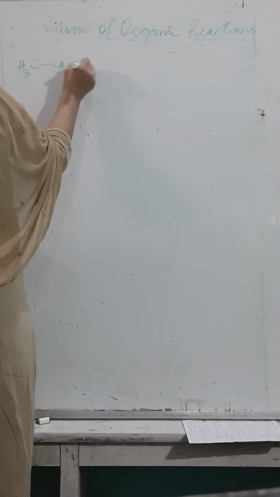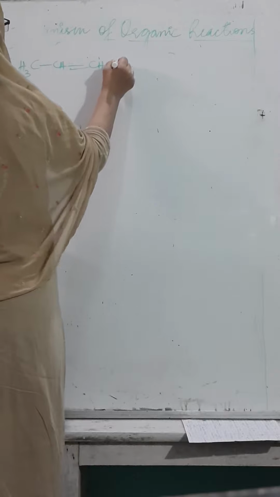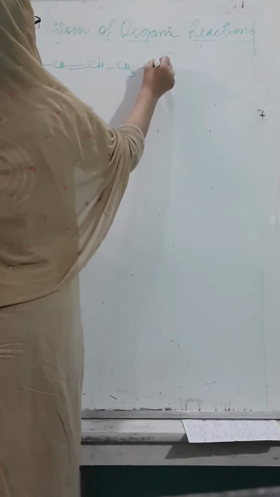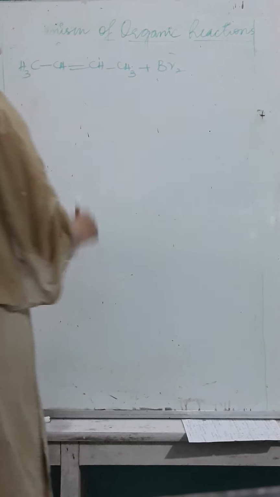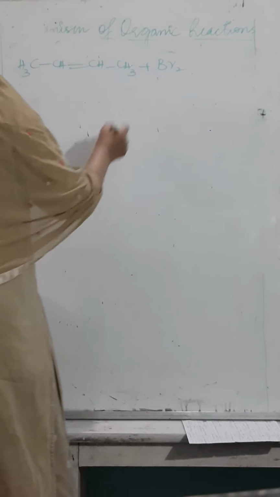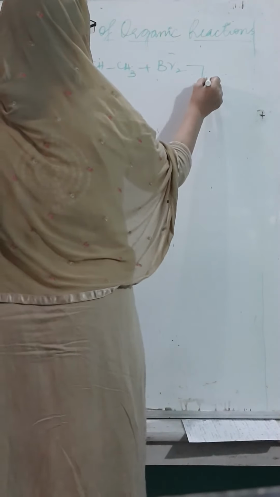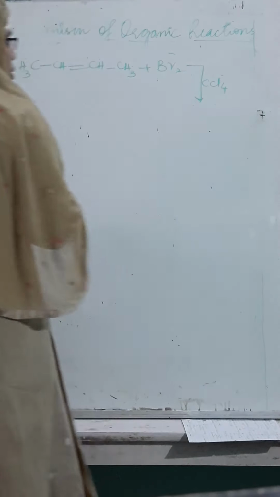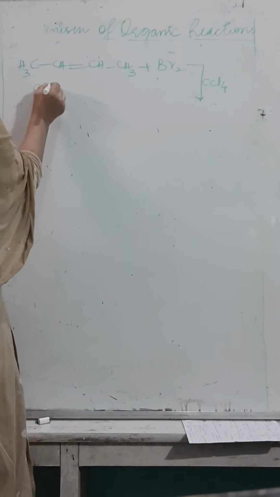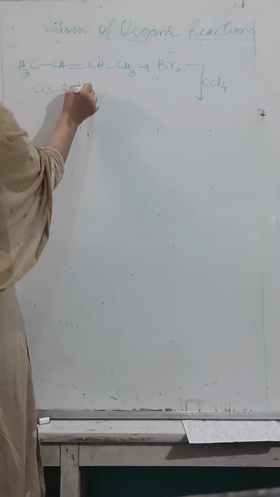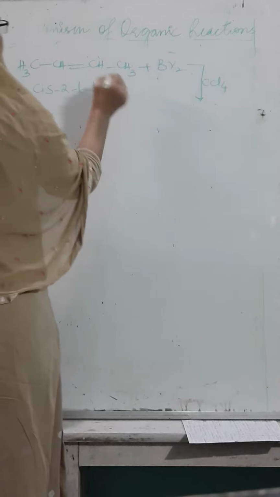CH3, CH, double bond CH, CH3. To this you add bromine in the presence of carbon tetrachloride. Do you know what this is? Cis-2-butene. Where have we studied cis?